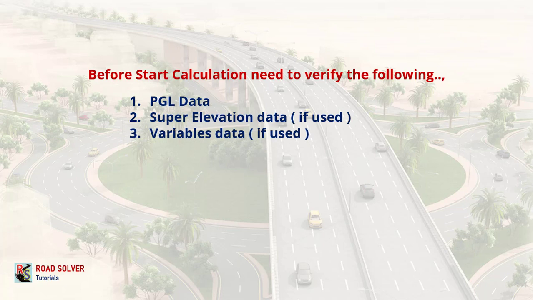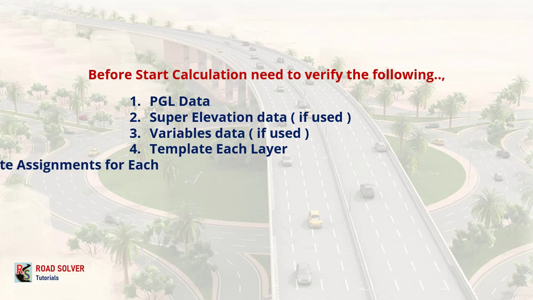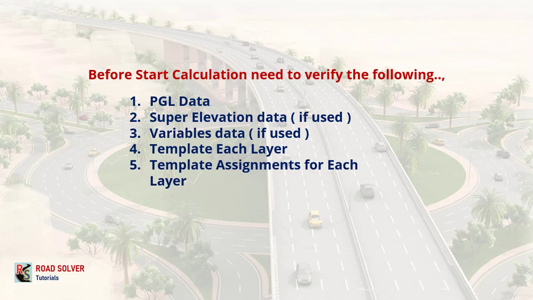Then the variable data, which is also used in the template. Then finally the template for each layer, and the template assignment for each layer. These are the major things required for the payment volume template calculation. Confirm this data is already inside the project.